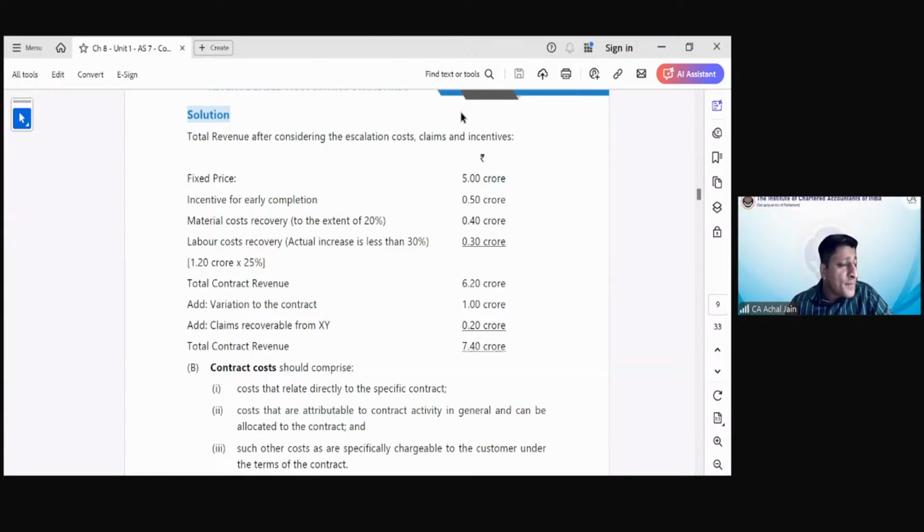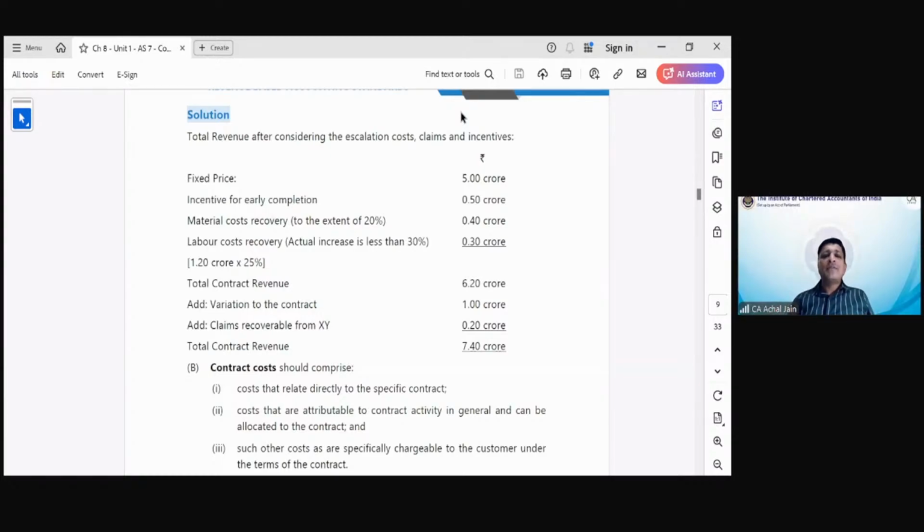After that, you are required to answer another question. So it says there is also a variation. What is the variation? Scope of the contractor was increased. So if the scope was increased, for that scope, additional 1 crore was agreed. So that 1 crore you'll add.